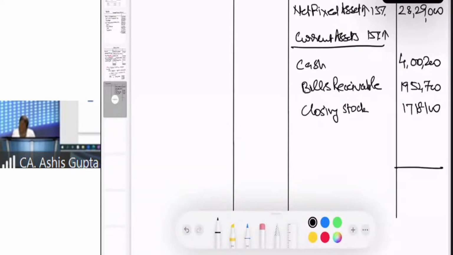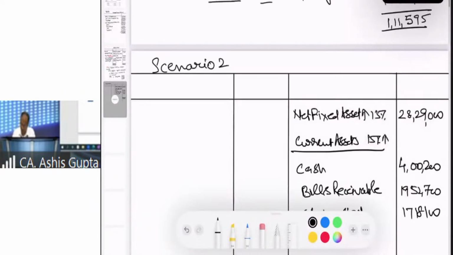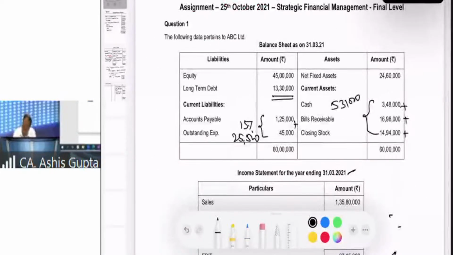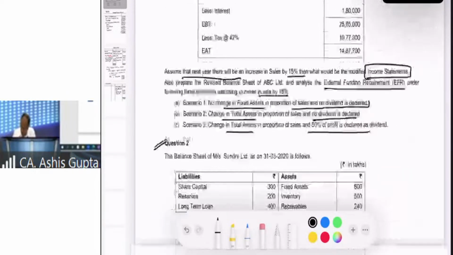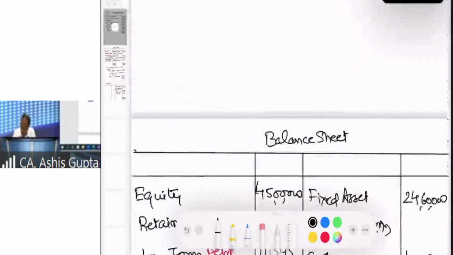Okay, student, the total will be 69 lakh. Alternatively, you can see that here the total is 60 lakh, 15% is the overall asset increase. So 9 lakh will be the addition.